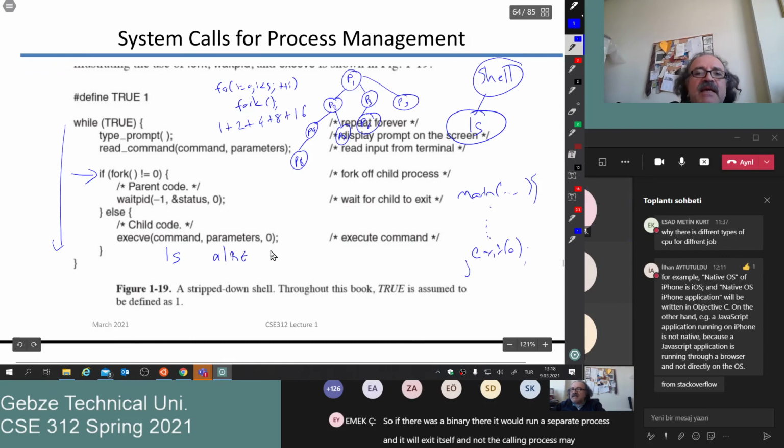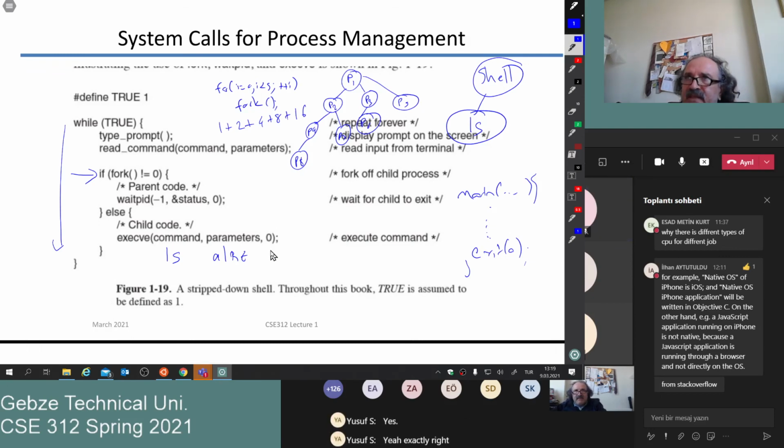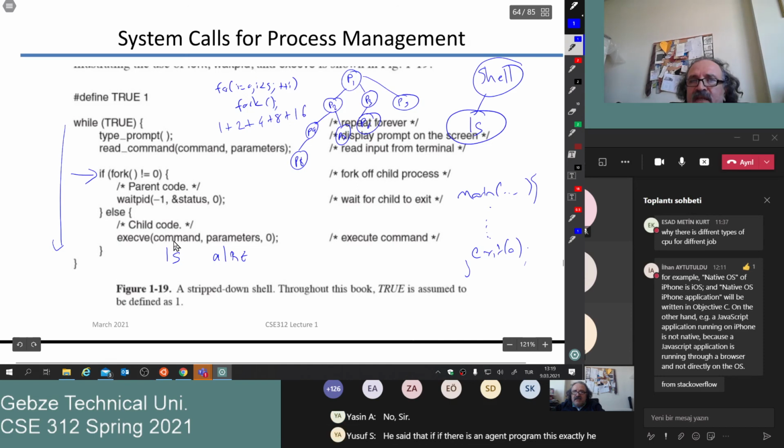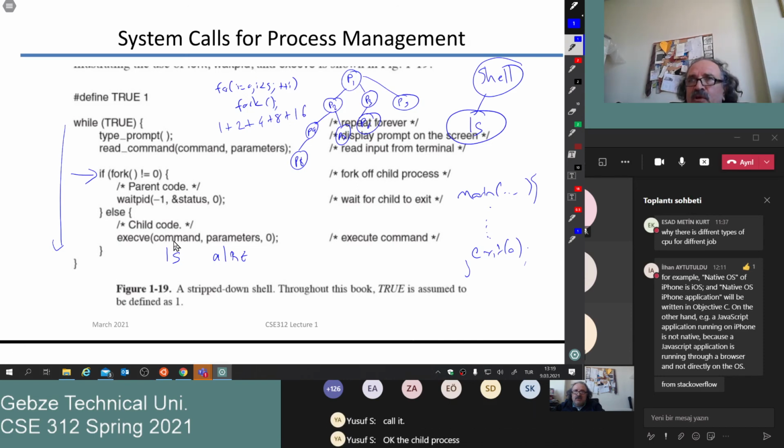Yeah, exactly right. If there is an exit program, this execve will call it. The child process is going to replace its core image with that exit program, and the exit program will exit the child process, not the parent process.